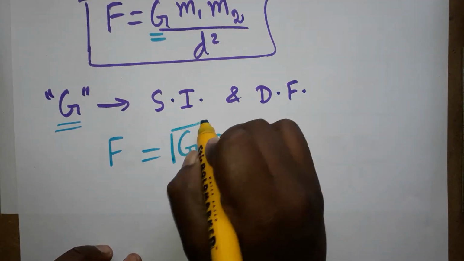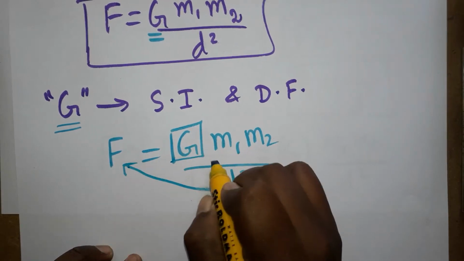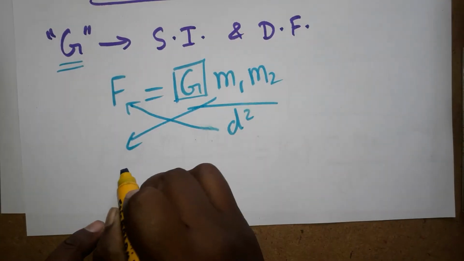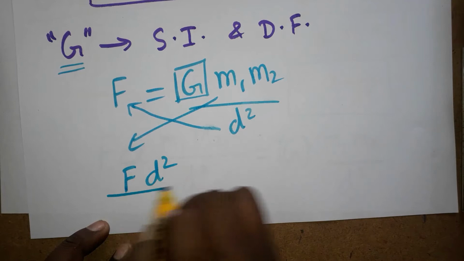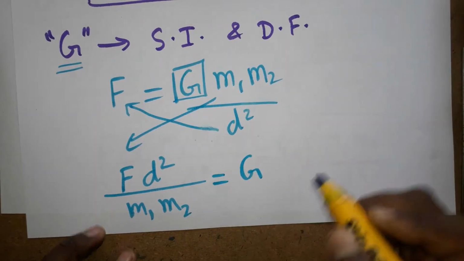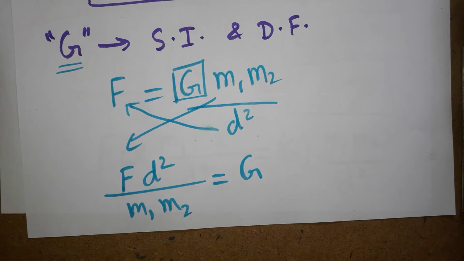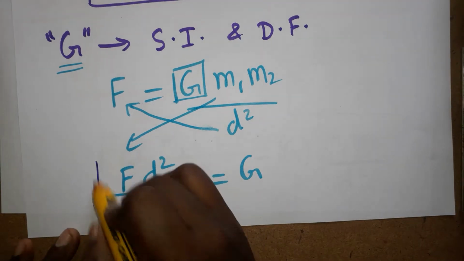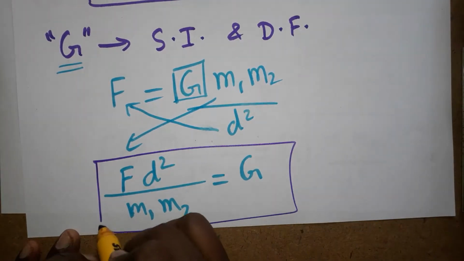I want capital G, so I am modifying the equation by cross multiplication: F d square divided by m1 into m2 is equal to capital G. Capital G is the universal gravitation constant.